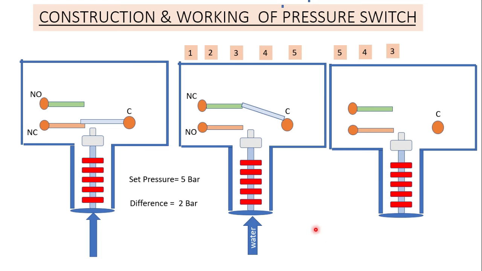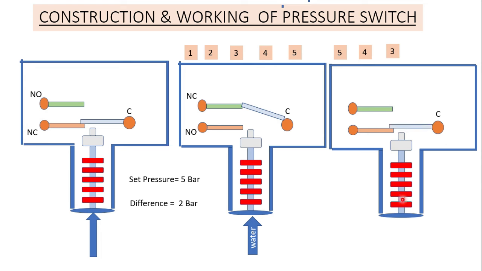We have already said there is a 2 bar difference, and 5 is our set point, so we deduct 2 from it: 5 minus 2 is equal to 3 bar. So as per this pressure difference, when the pressure drops to 3 bar, it will again return to its normal, original position.